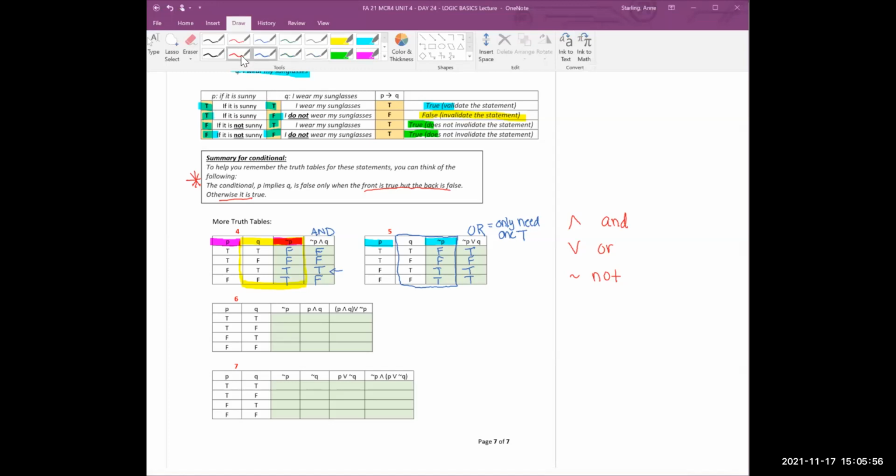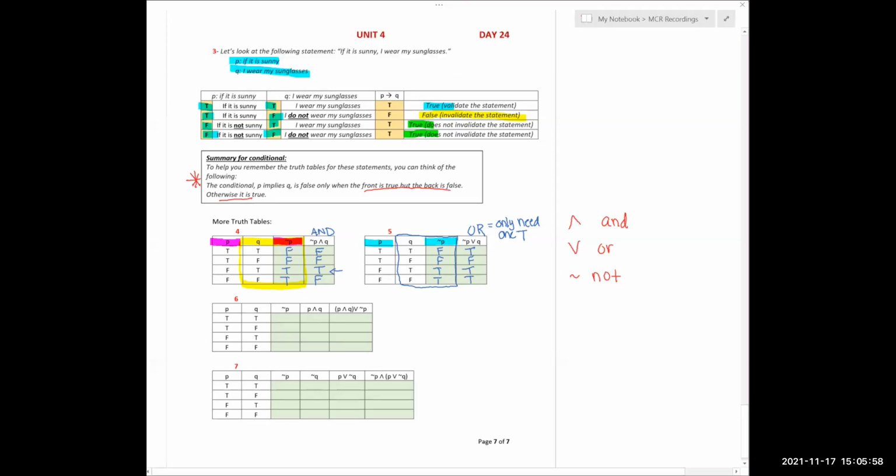Okay, and then I'm going to jump to question 7 and kind of do the whole thing. So not P negates P. So false, false, true, true. Not Q is going to negate my Q. False, true, false, true.